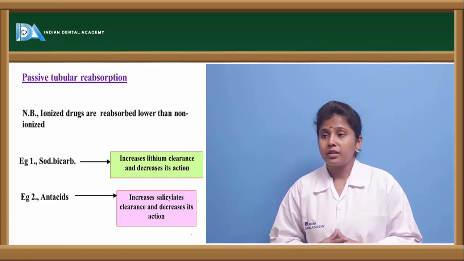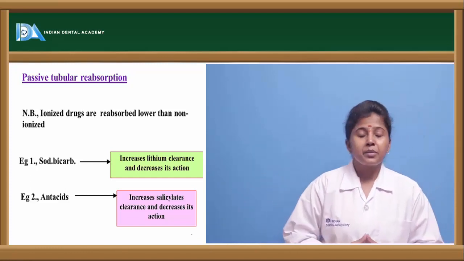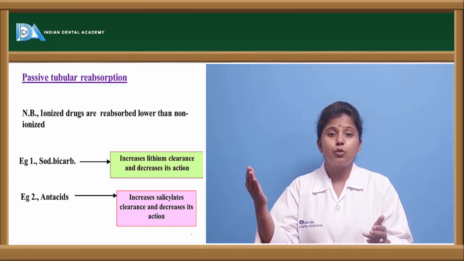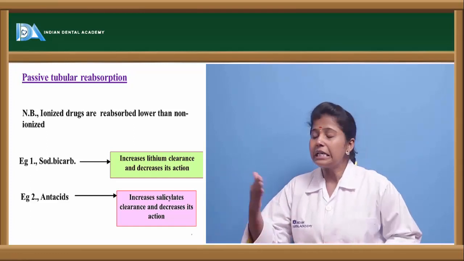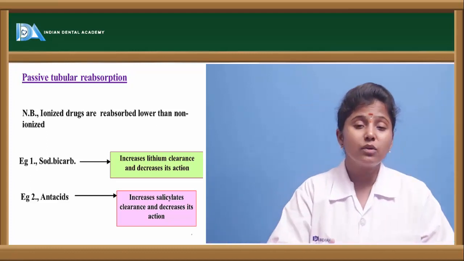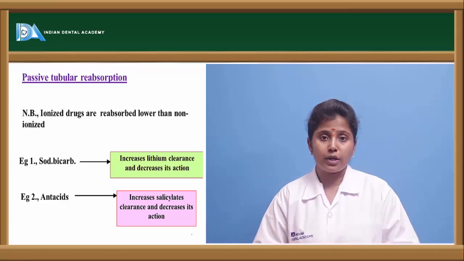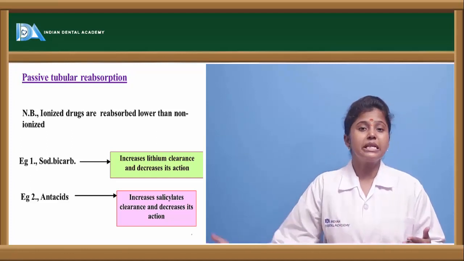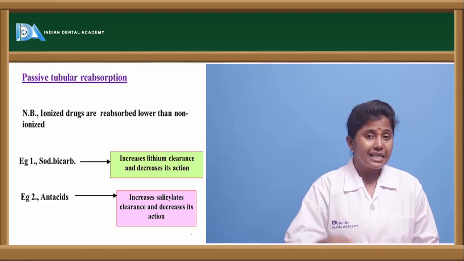Take drugs like lithium. Here sodium bicarbonate increases the elimination of lithium from the body very easily. It won't allow the lithium to get reabsorbed into the body. So that leads to the decreased action of lithium. It will eliminate the lithium out of the body, leading to its decreased action.